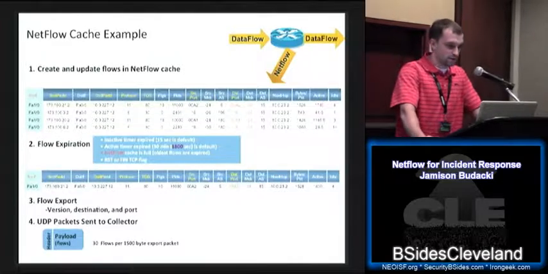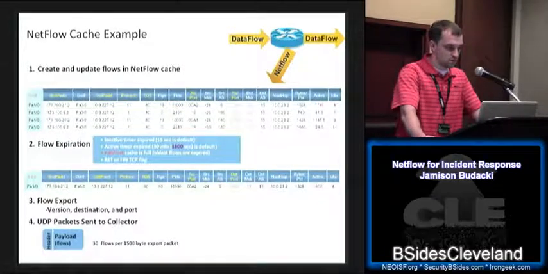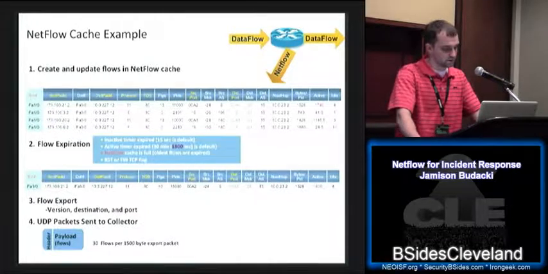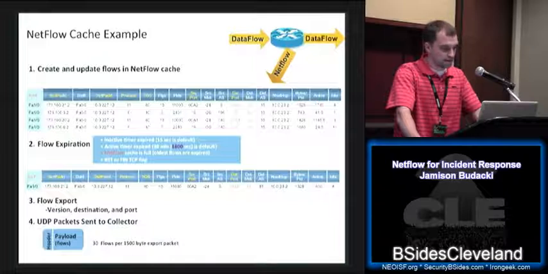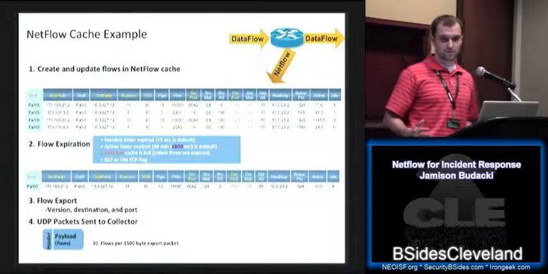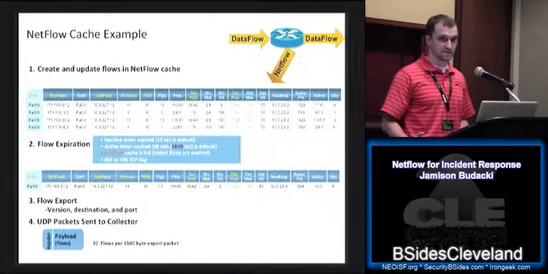And then a flow will expire. There are two primary ways a flow will expire. One is an inactive timer: if a flow stops sending information for, I think the default is 15 seconds, the flow will be stopped. The other is an active timer, where the default is 30 minutes. The active timer is called whenever, say, a traffic flow is 60 minutes long.